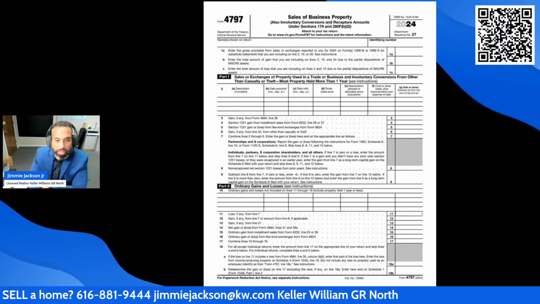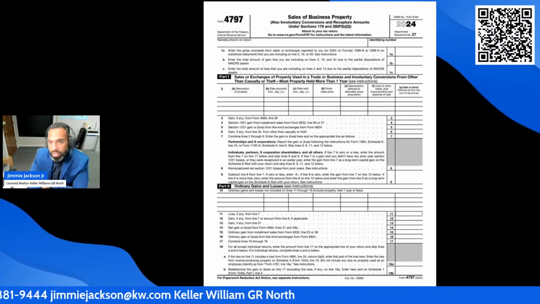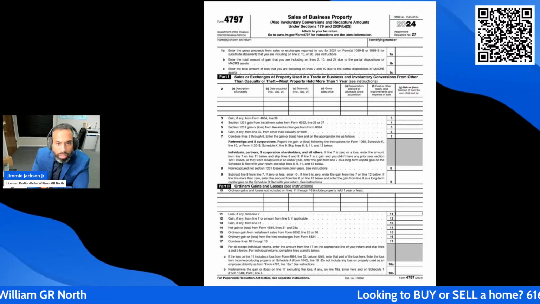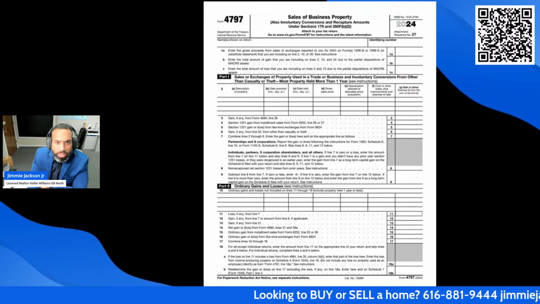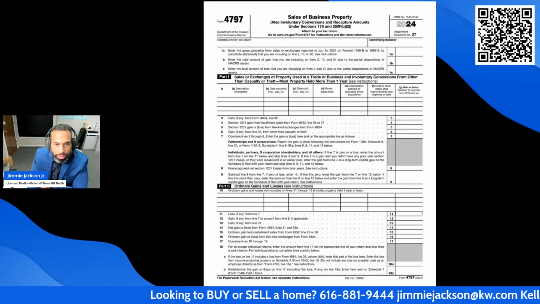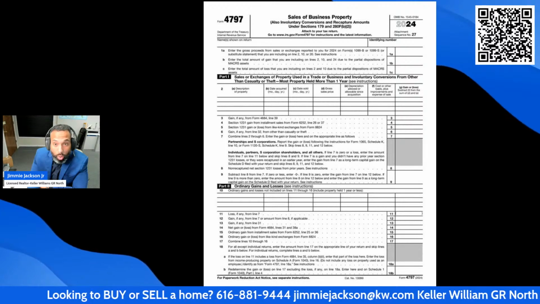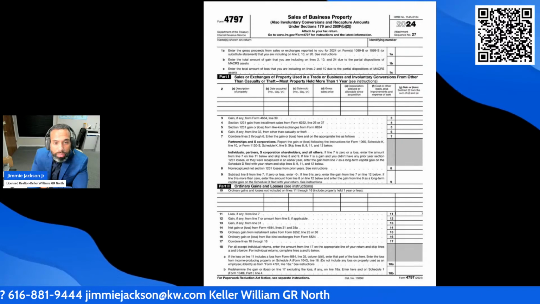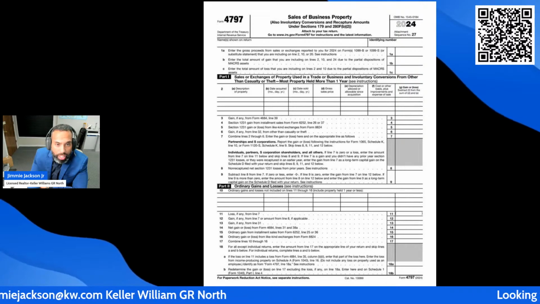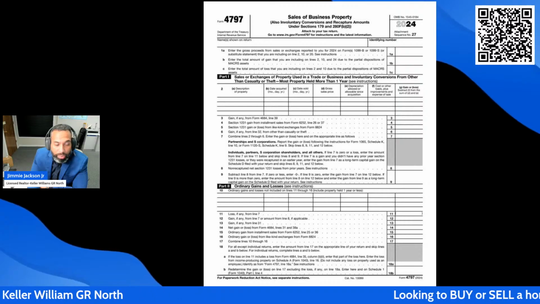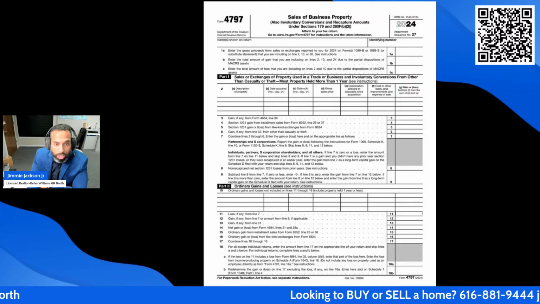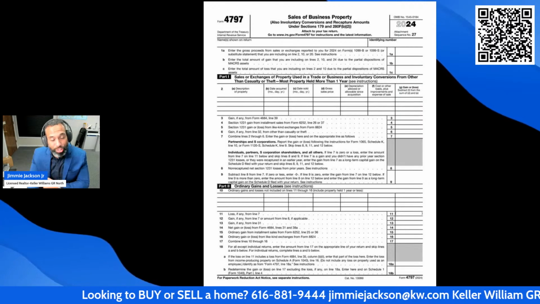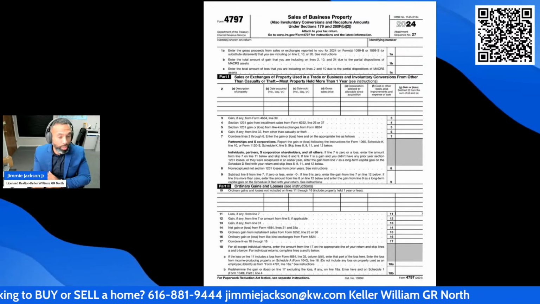This form is used to report the sale, exchange, or disposal of business or rental property. So you use this when you sell a rental property, a business property, or dispose of or convert a rental to personal use. If you turn it from a rental into your home, you also have to use this form.